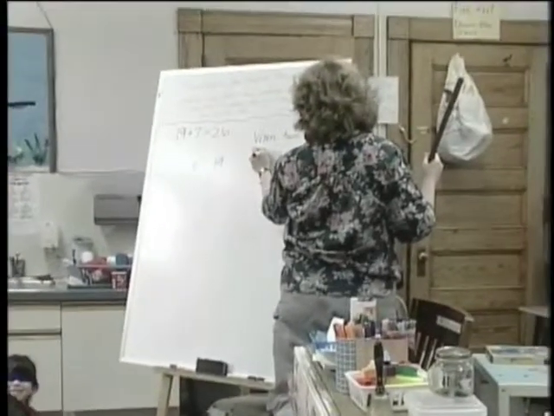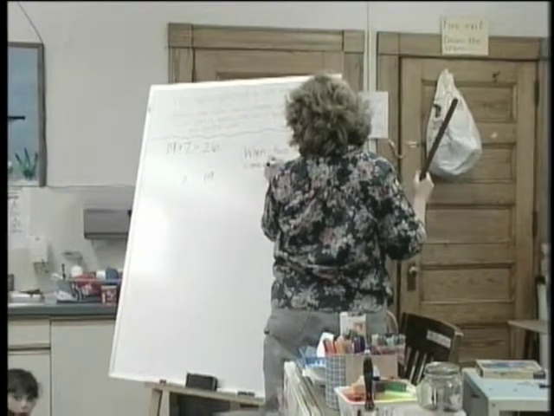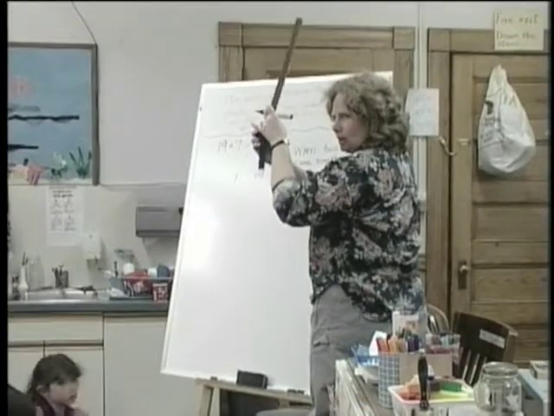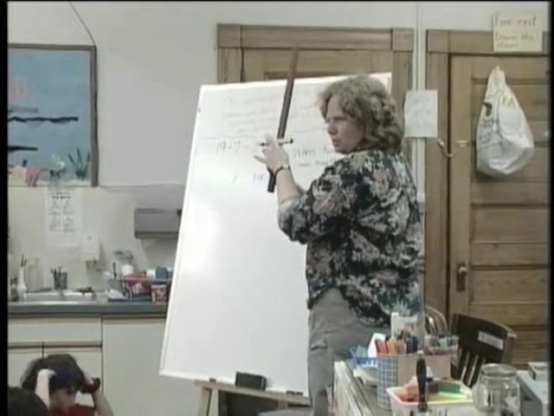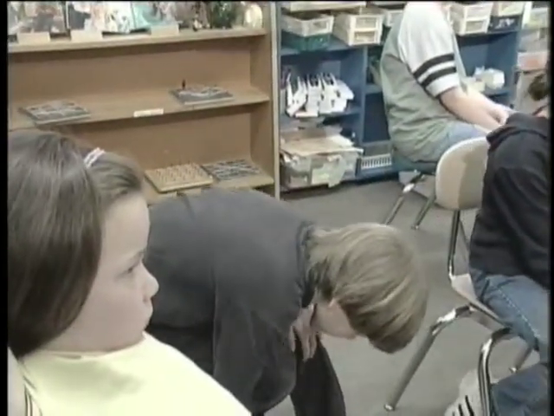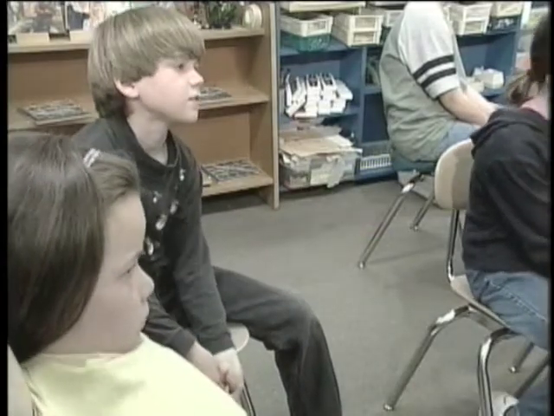Let me see if I can get these words down. When two numbers come together, in other words, combined, like the 19 and the 7 came together. So when two numbers come together, what was the next part that you said? Did you say and one goes away? And one goes away. The one that stayed is the answer.